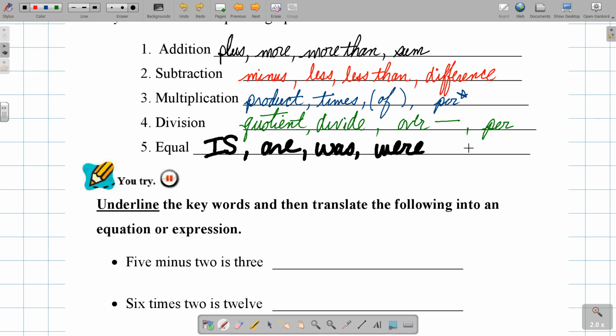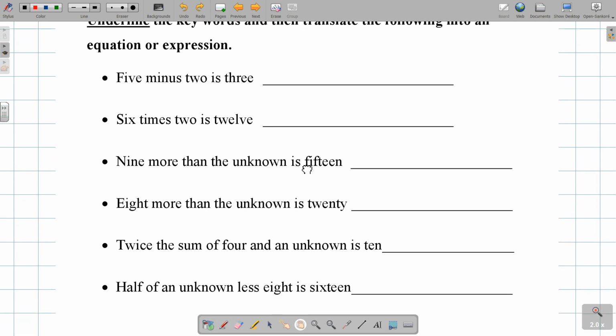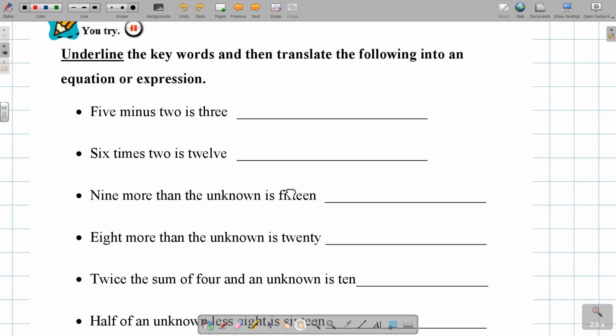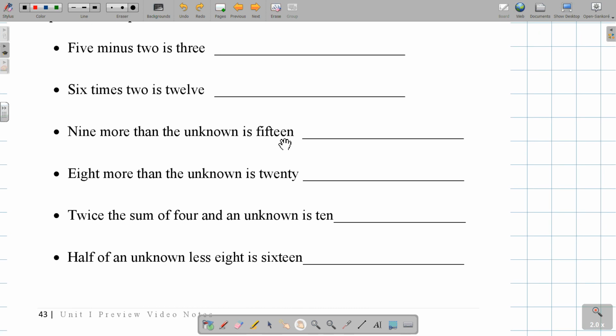6 times 2 is 12. 9 more than the unknown is 15. 8 more than the unknown is 20.